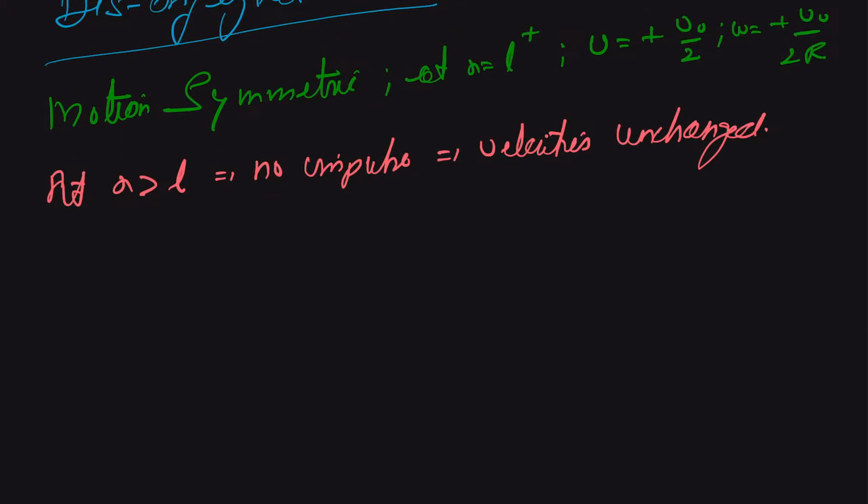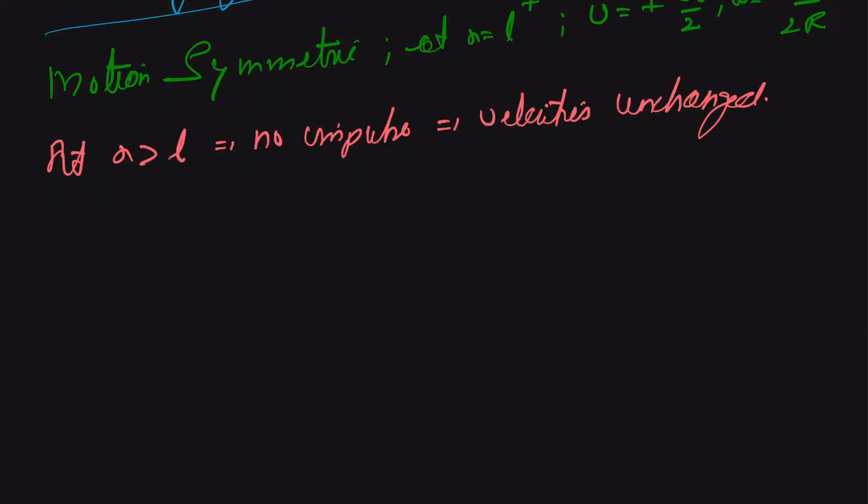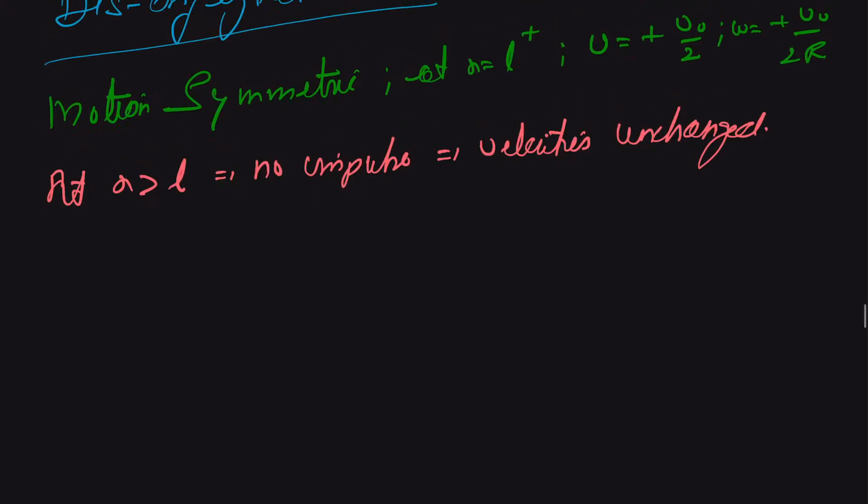And if there is no friction, our omega will remain the same, that is v naught upon 2R.